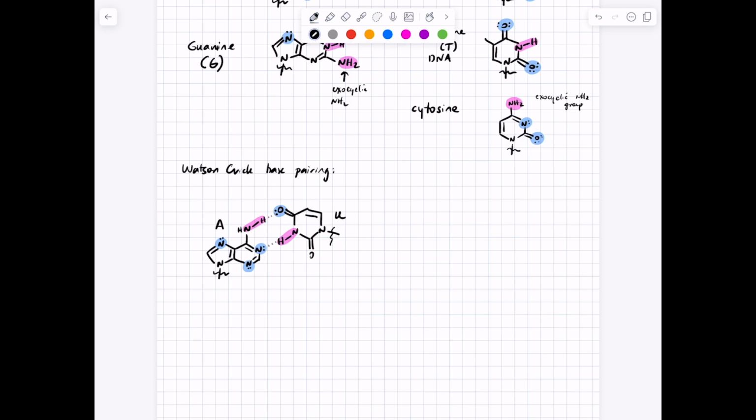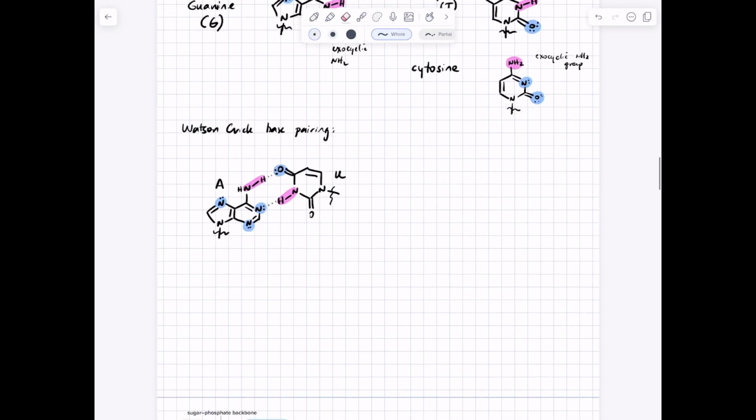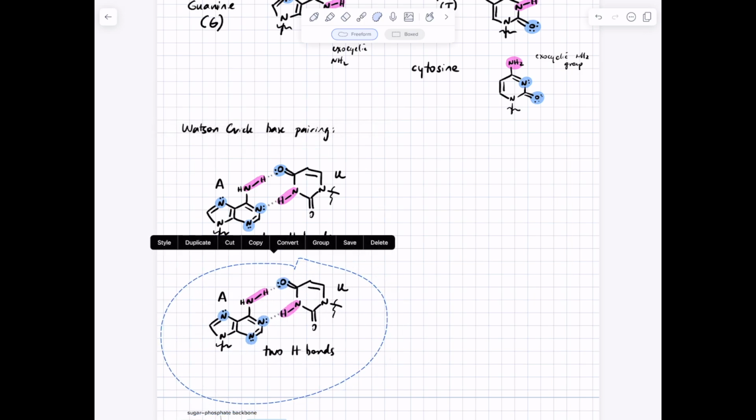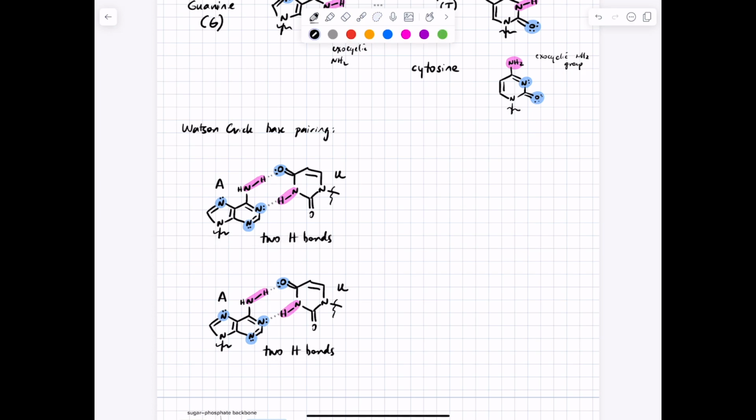And you can see there are two hydrogen bonds between the exocyclic amino group of adenine and the carbonyl oxygen of uracil, and then between the ring NH of uracil and one of the ring nitrogens of adenine. And of course, if this were thymine, we would just add a methyl group here.